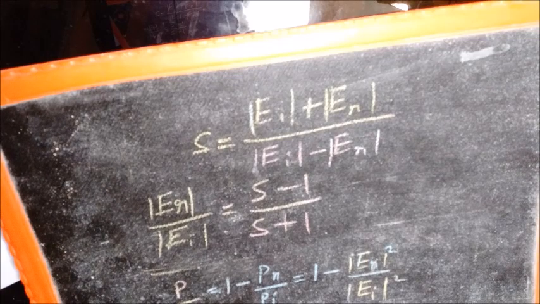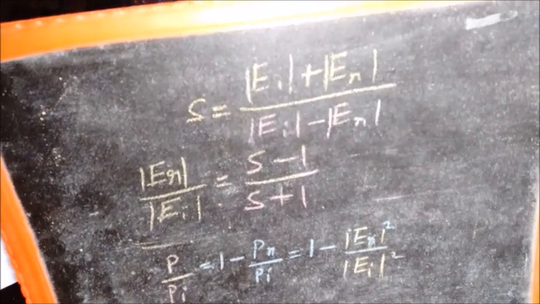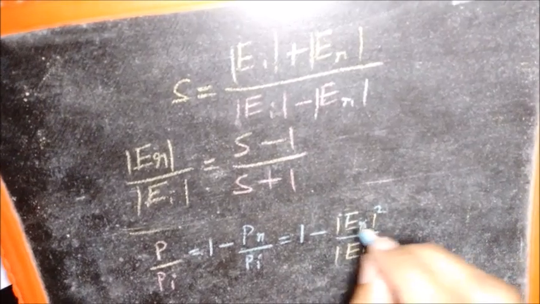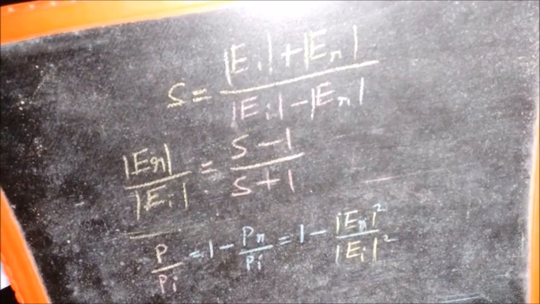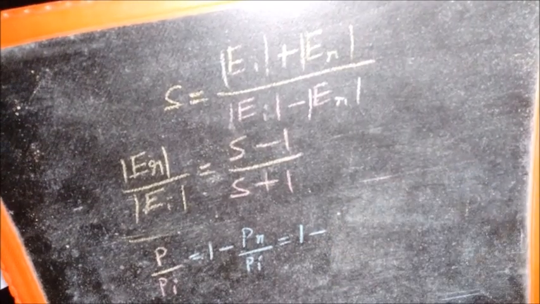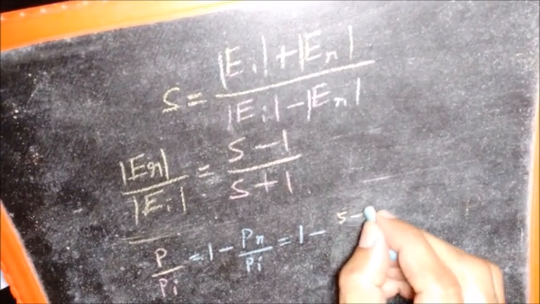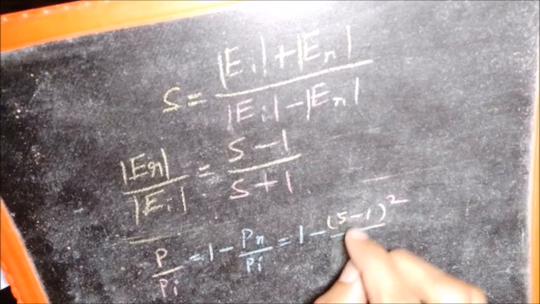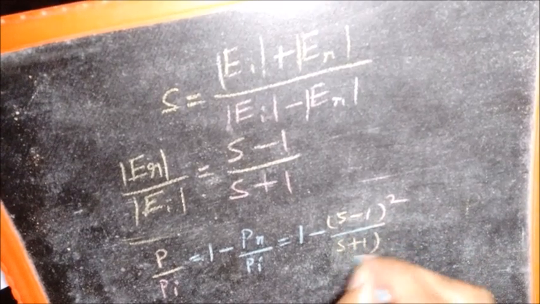Which means that the ratio P by Pi can be written as 1 minus ER by EI, squared. So it becomes S minus 1 squared, because ER squared by EI squared is here.